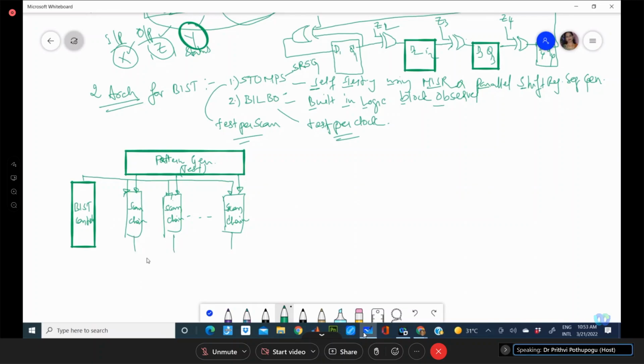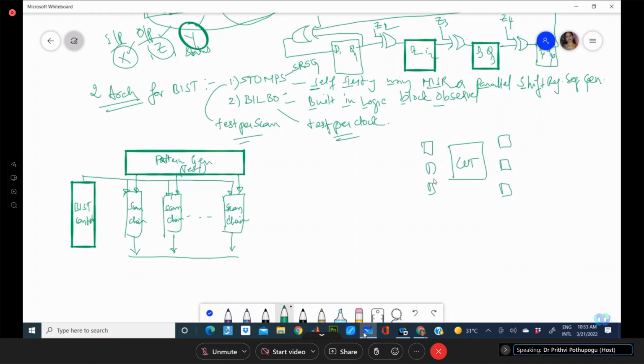Now, after the normal iteration performed on the circuit, the response of the circuit will be taken onto the scan chain. If you remember, circuit under test, towards your left side and towards your right side, you have the registers.